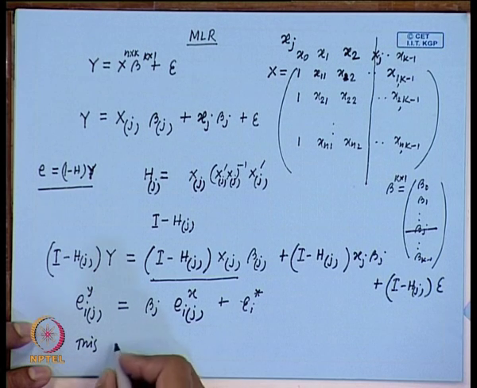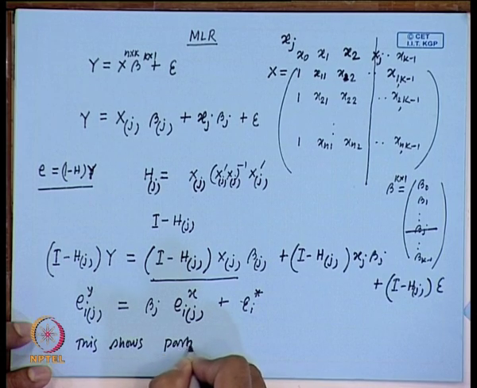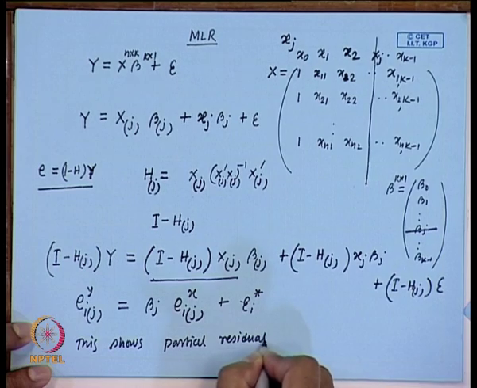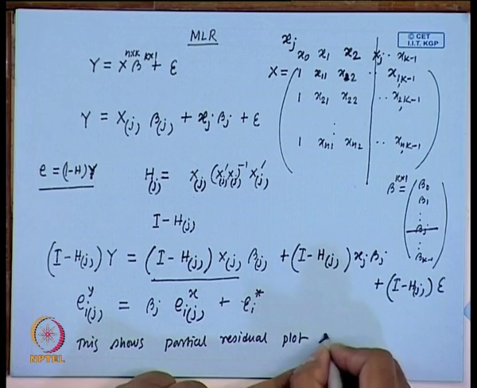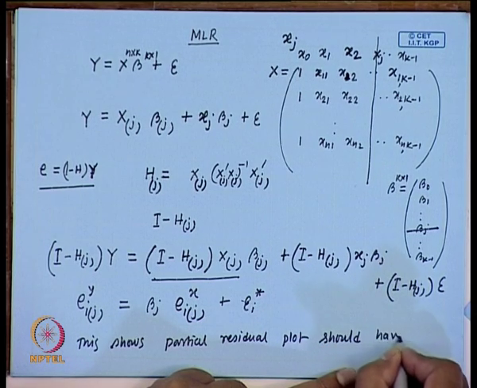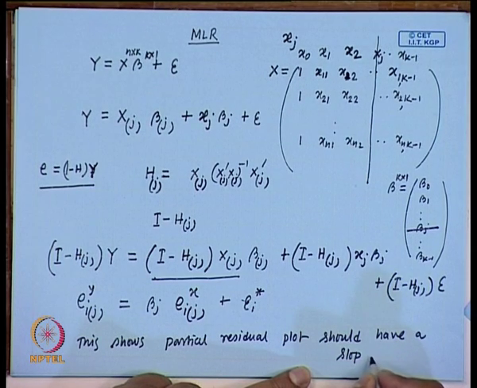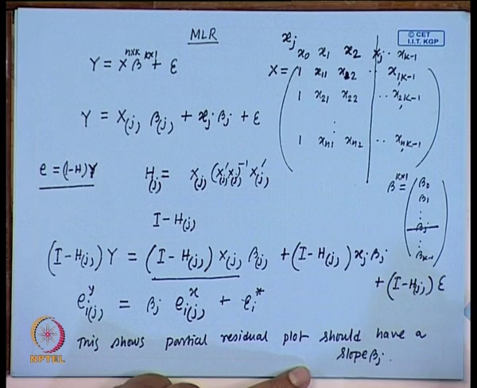So, this shows that the partial residual plot should have a slope β_j.